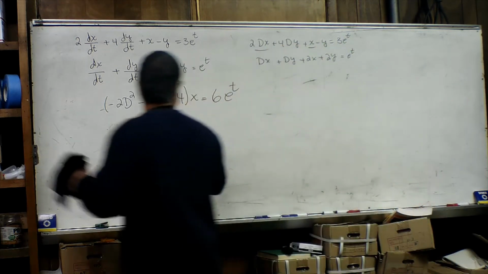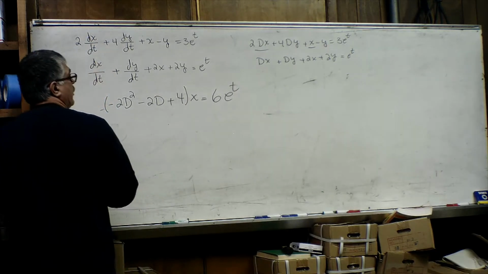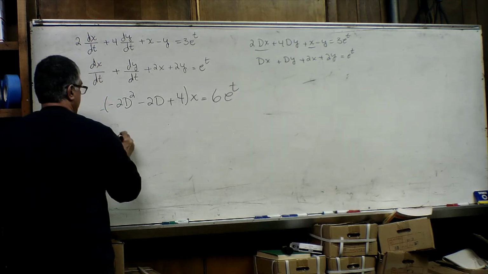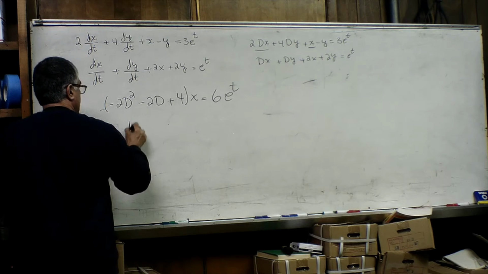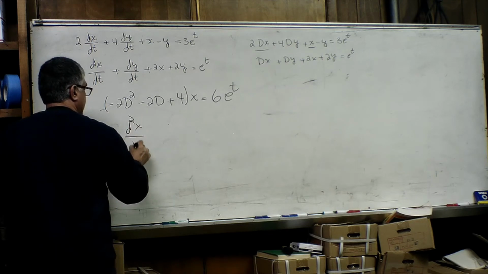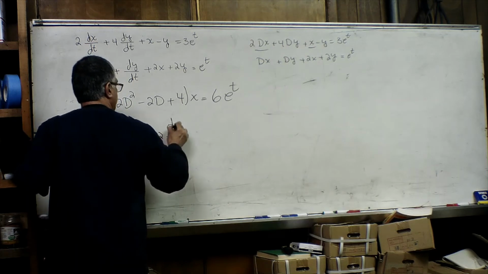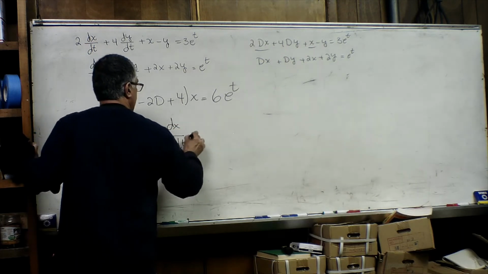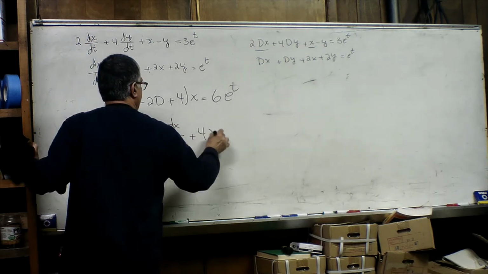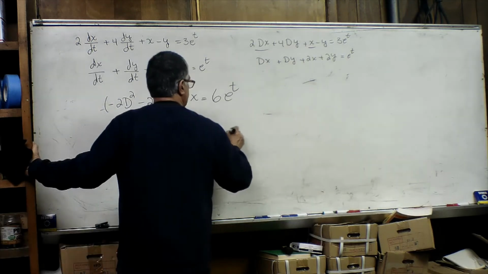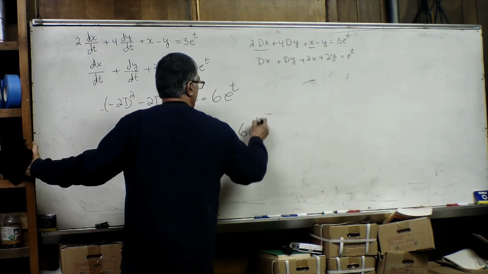Now let's write this in differential form. In differential form, this will be minus 2 d squared x over dt squared minus 2 dx/dt plus 4x is equal to 6e to the power t.